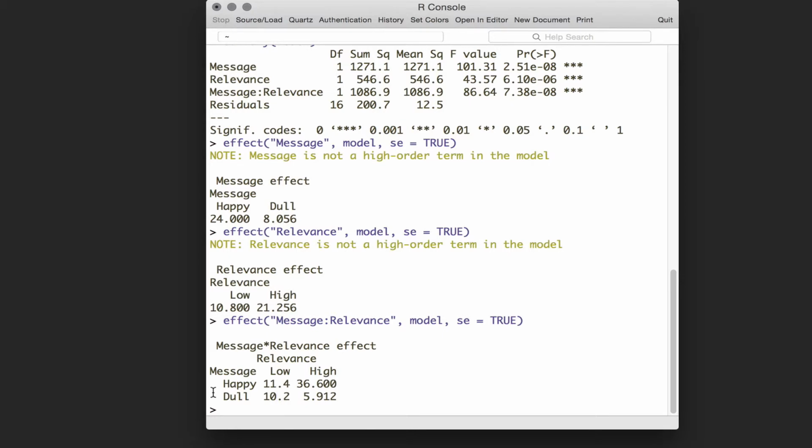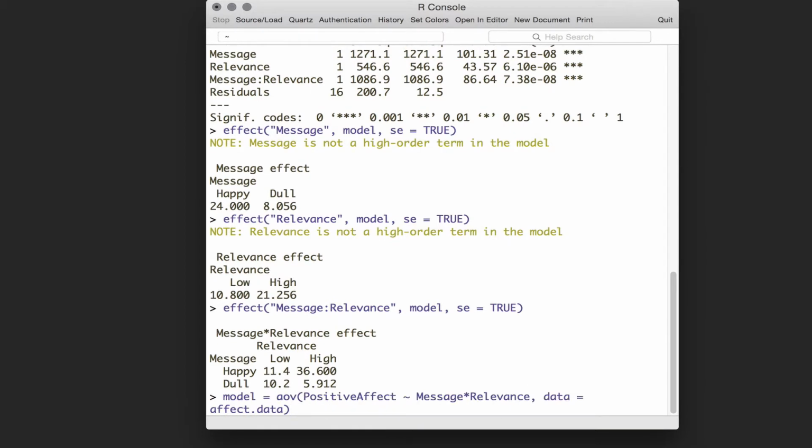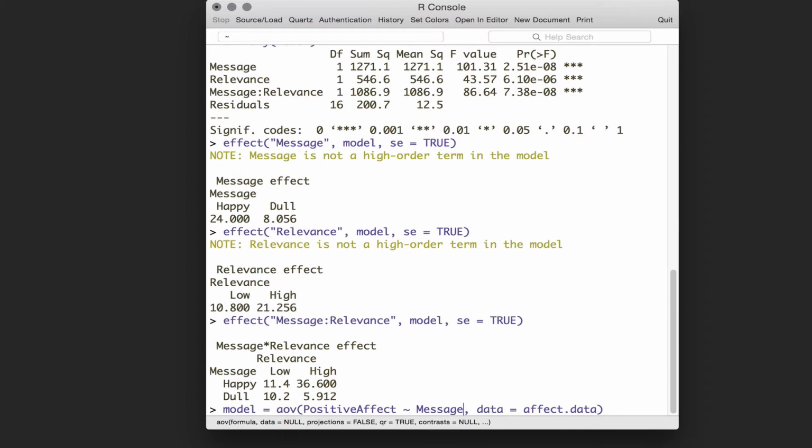Now, a couple more things to note. Let's do it. If we look at this significance value, for example, it's highly significant. But if we forgot about the interaction effect and just did a one-way ANOVA, so not even including relevance in our model, we just looked at the effect of message, for example, this is going to collapse across the effects of relevance.